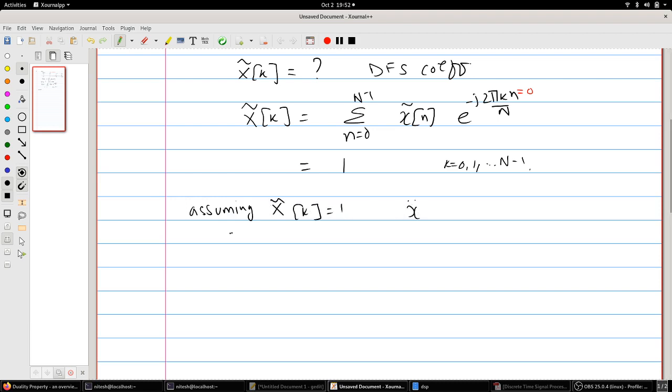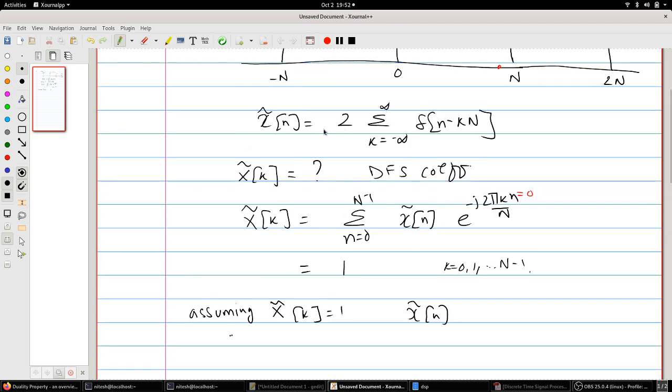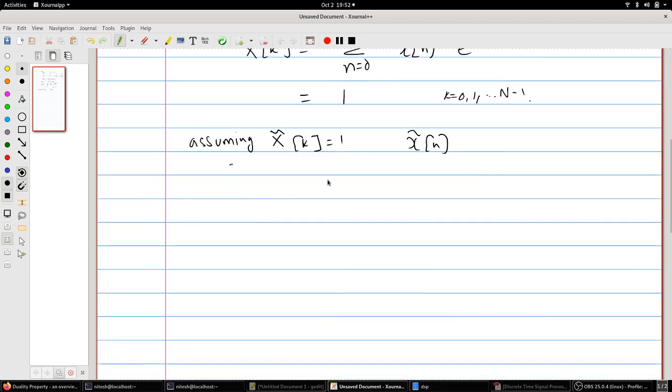I need to find x tilde of n, just to verify that this is what you get back. So I'll plug it in here again. X tilde of n is equal to 1 upon N summation k equal to 0 to N minus 1 of x tilde of k times e raised to j 2 pi k n over N, right?